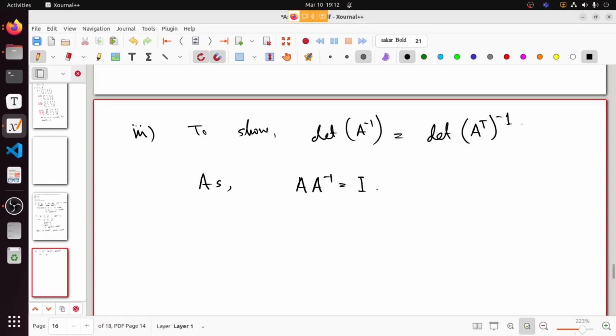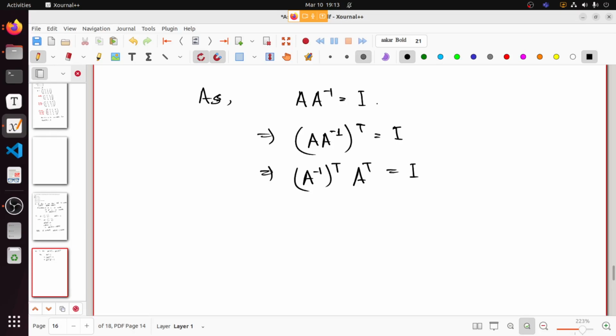Now take the transpose, which implies A inverse whole transpose, A transpose is again identity. What is the meaning of this?